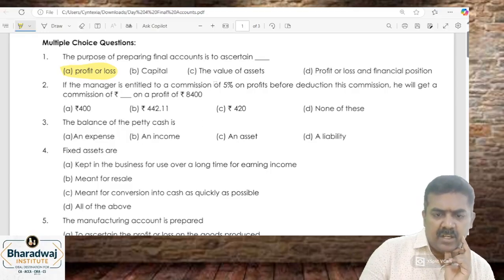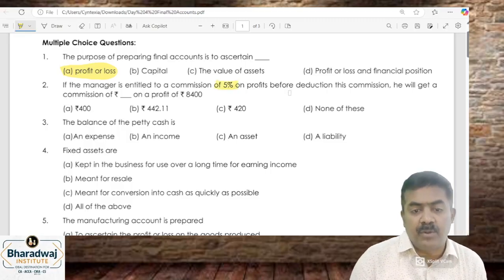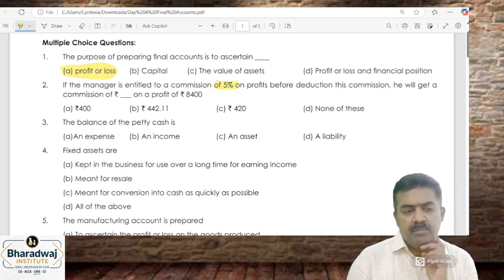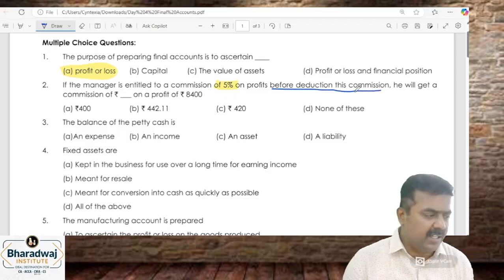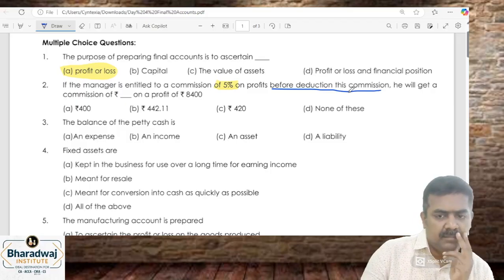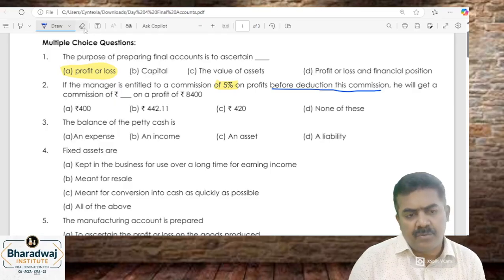Manager is entitled to a commission of 5% on net profit before deducting the commission. Wait, pardon. First question answer correct.